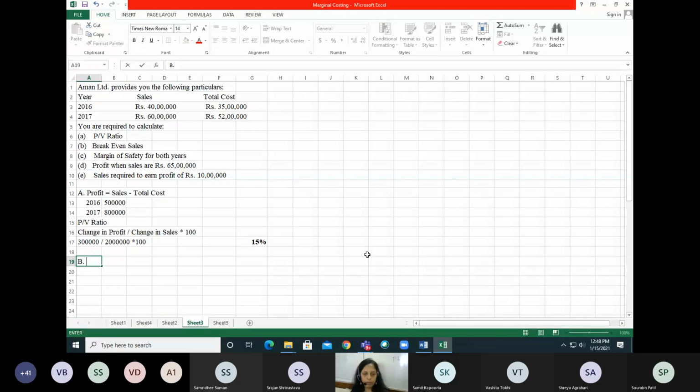Tell me the formula of break-even sales. In this question, we cannot find the break-even point in units because information is not given per unit. So which formula will you use? Fixed cost by PV ratio. Yes, fixed cost upon PV ratio.